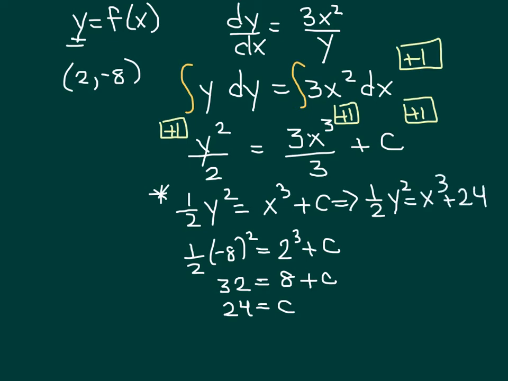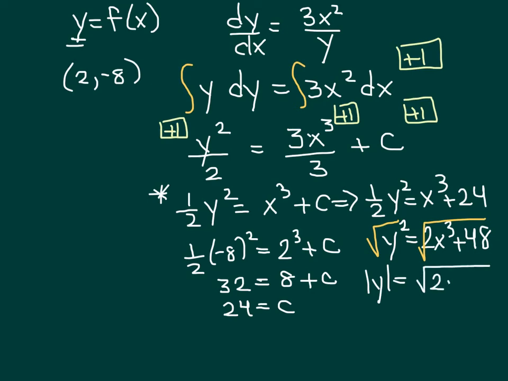And our goal is to solve for y, so I multiply everything by 2 first. So I get y squared equals 2x cubed plus 48. Now I take the square root of both sides. Okay, and we know that the square root of y squared is the absolute value of y. Come on, I'm seeing too many of you missed that. Square root of 2x cubed plus 48.